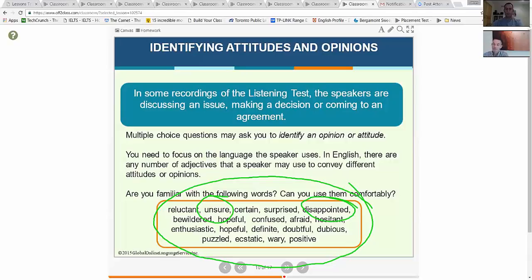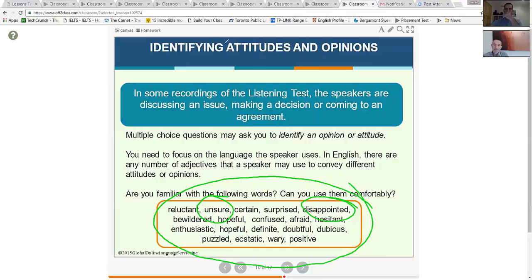You want them to really be able to identify how the speaker feels. And this is quite part 3 of the test, where you will have a conversation between 2 or 3 students. This is very valid for this area of the test in general.